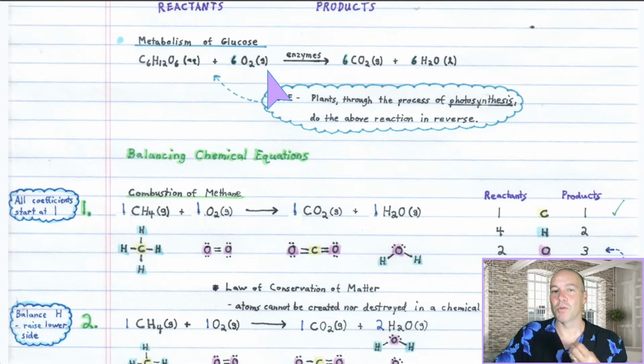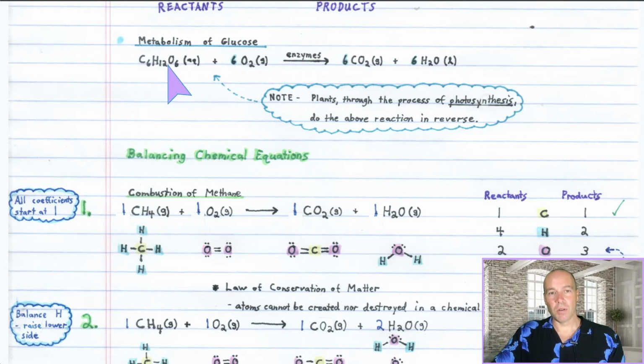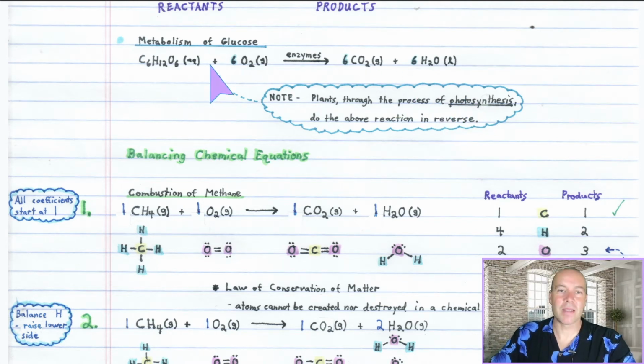So plants produce oxygen. So it's interesting. We consume foods which contain glucose, and we metabolize that into carbon dioxide and water, and then plants kind of do the reverse process. So it's a nice little cycle. Plants do this with the help of light, and so that process is called photosynthesis. So the exact opposite of this reaction by plants.